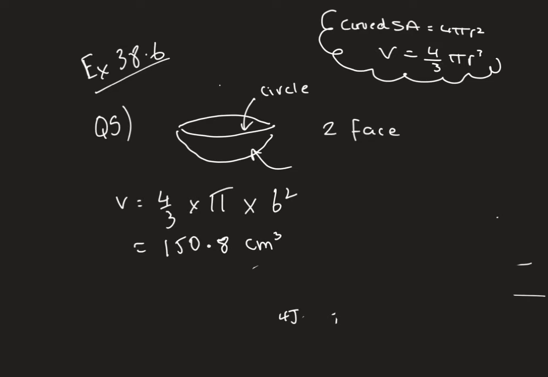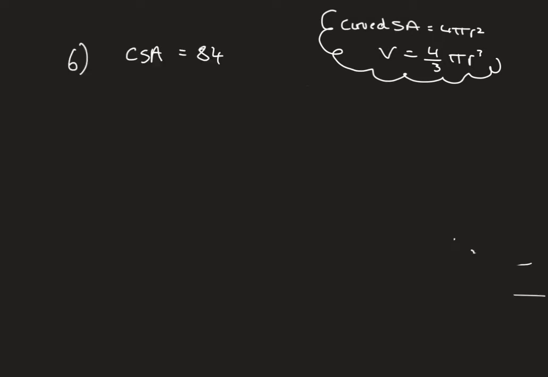You only want a hemisphere, so the last step is you just need to divide that by 2. So the volume for the hemisphere will be 75.4 centimeters cubed.